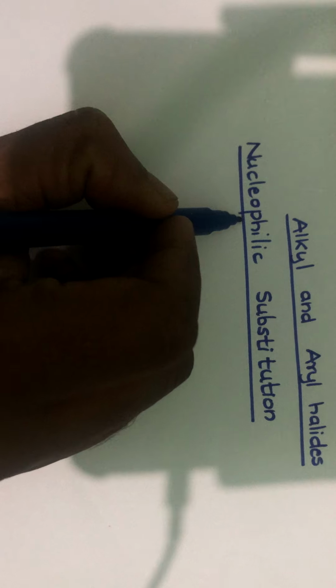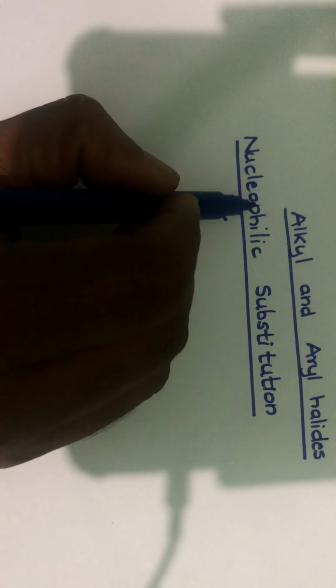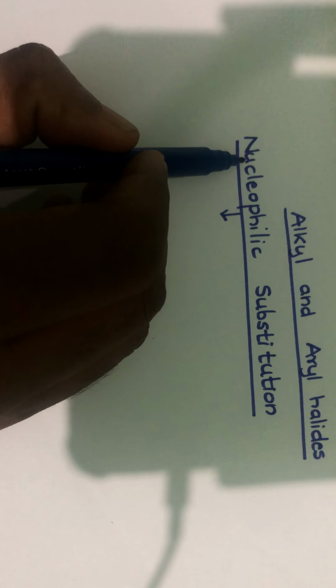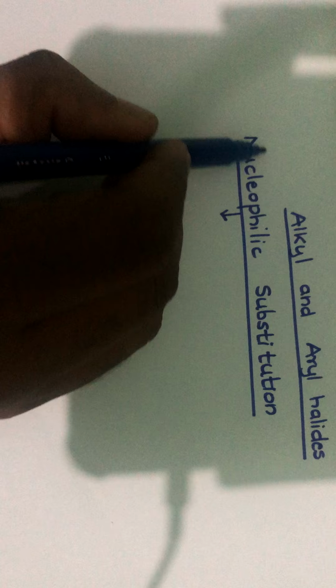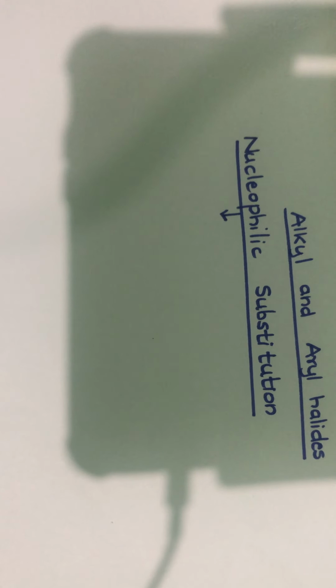What is a nucleophile? See, a nucleophile is a nucleus loving species. Philic means attraction. It is an atom or a group of atoms that gets attracted towards the nucleus. You know that the nucleus carries a positive charge. Obviously, if an atom or group of atoms is getting attracted towards a positive charge, then it should possess a negative charge.